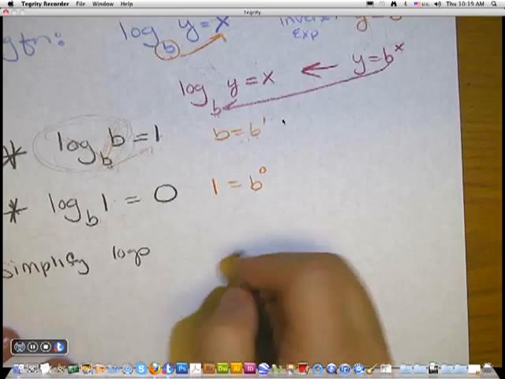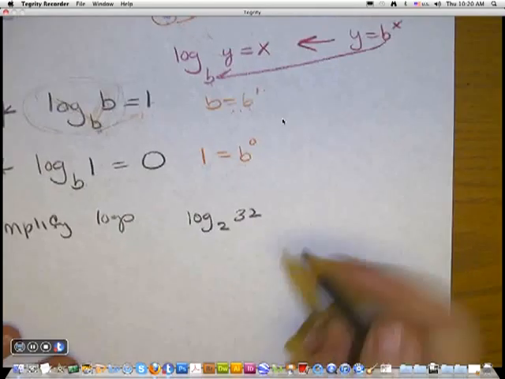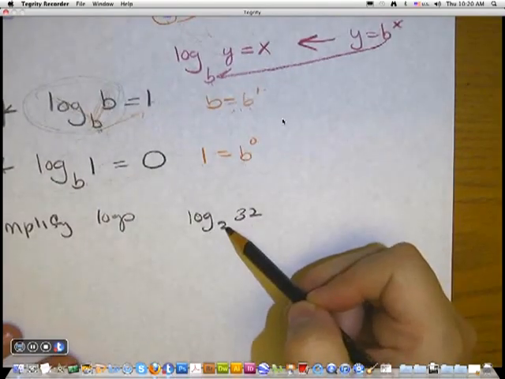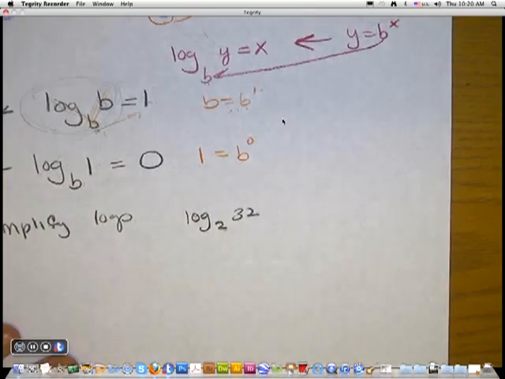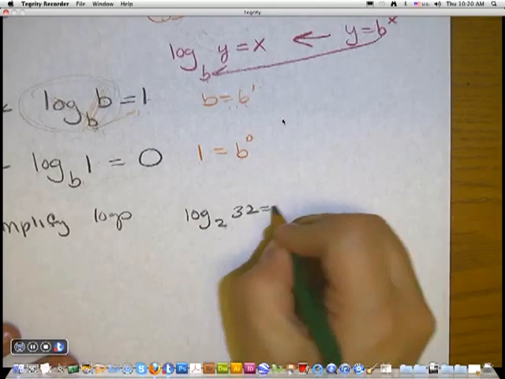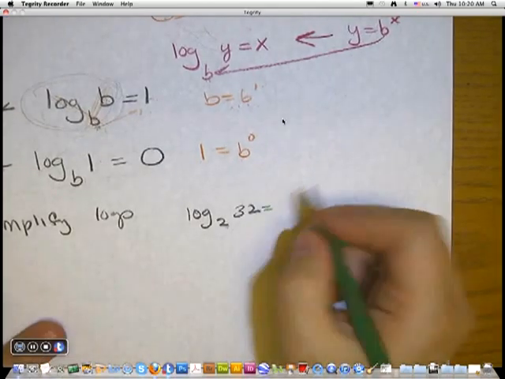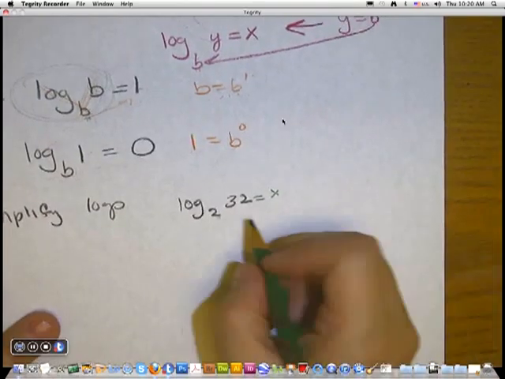So when you're asked log base 2 of 32, what exponent on 2 gives me 32? Until you get a better hang of it, you might want to set it equal to some value, x, some unknown, and change it.